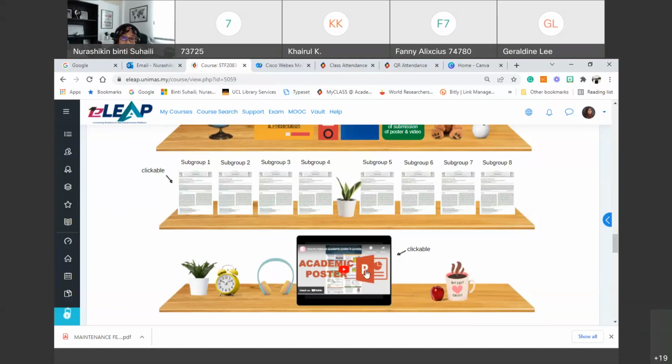Before this, maybe you have used PowerPoint for preparing slides, right? Slides are different. A poster is different in terms of the layout and also the content. So please watch this video tutorial. If you want a larger version, you just click watch on YouTube, so you can have a full window and don't have to stick with this limited frame.